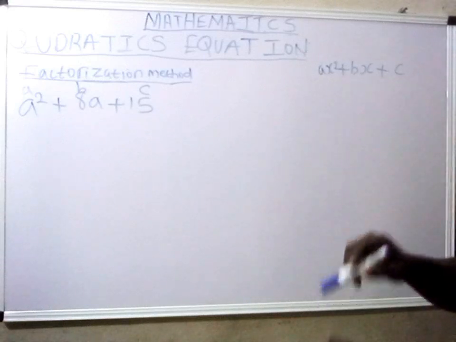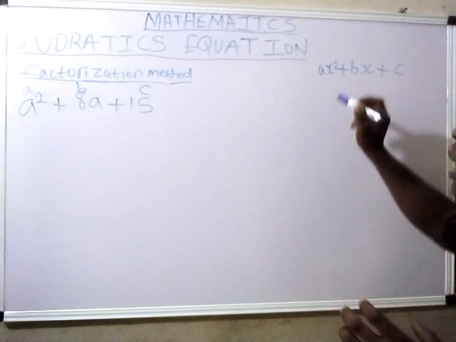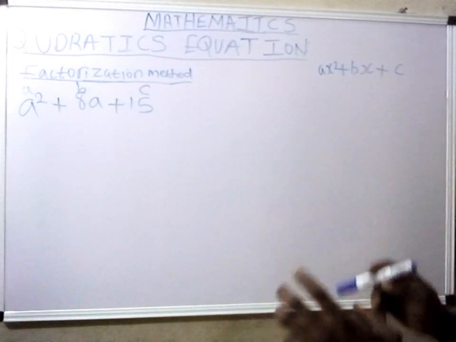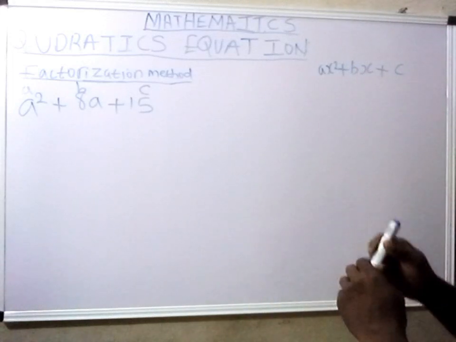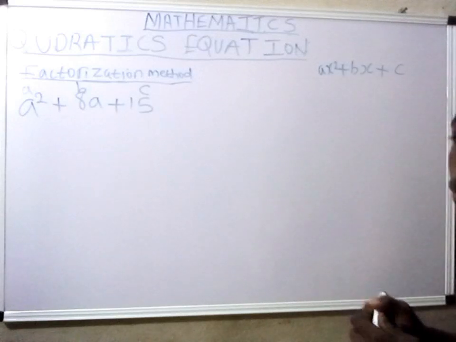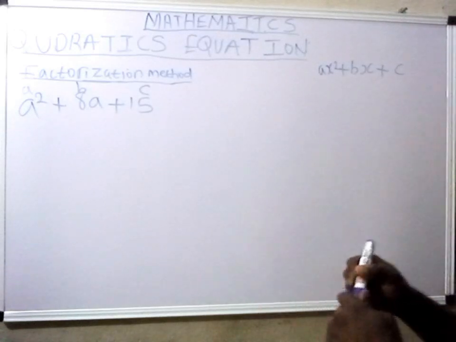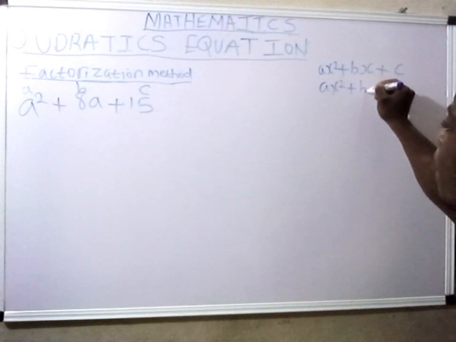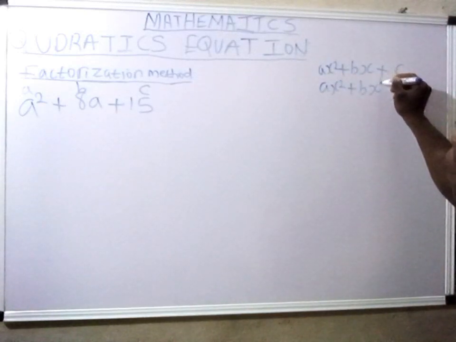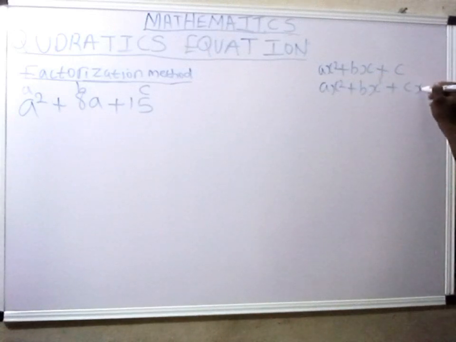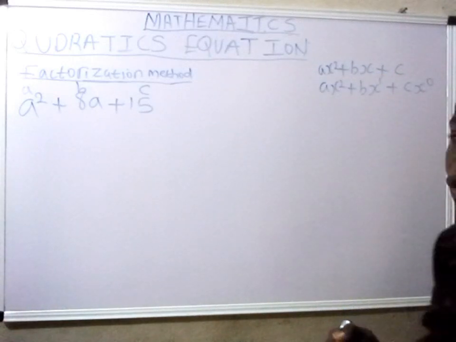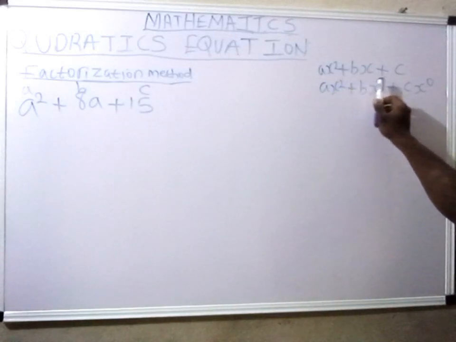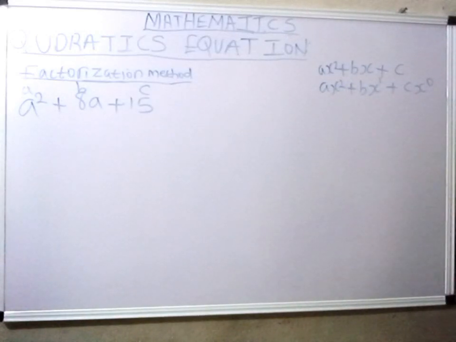Quadratic equations have the powers in decreasing order from your left to your right. So it can be inferred that it is ax squared plus bx raised to 1 plus c x raised to 0. As you can see, the powers are decreasing from 2, 1 to 0.